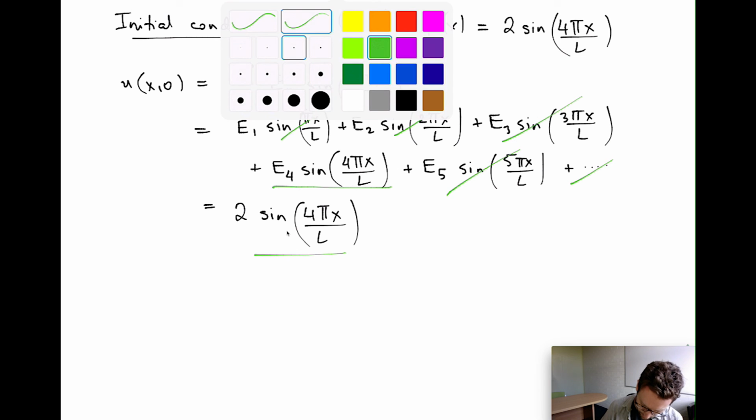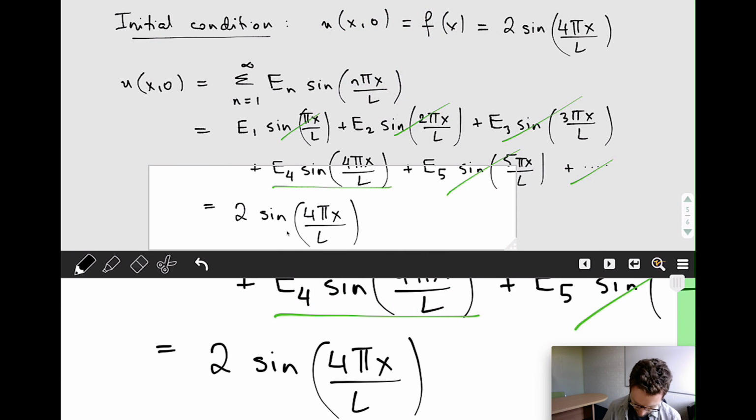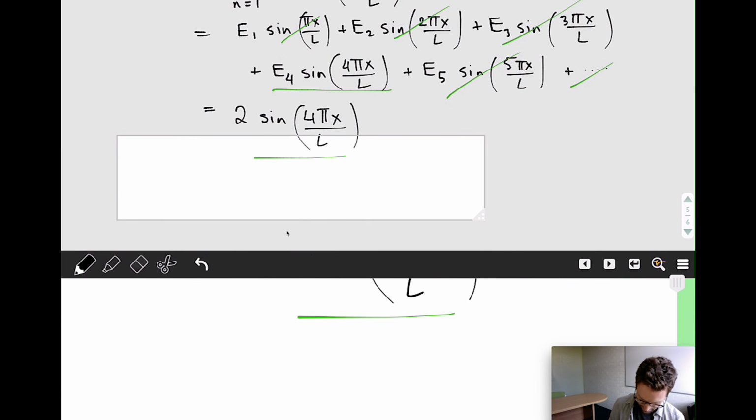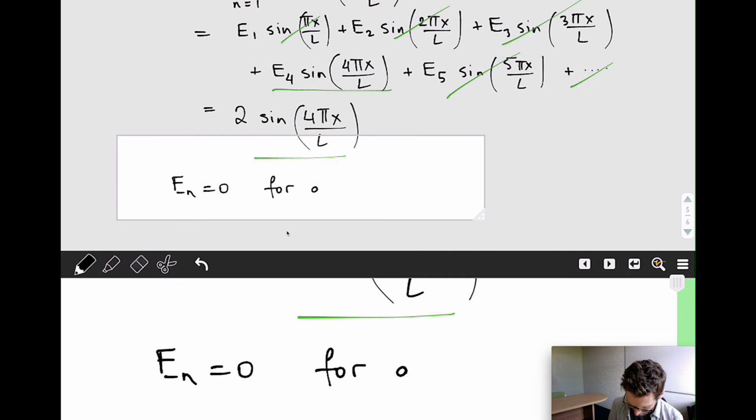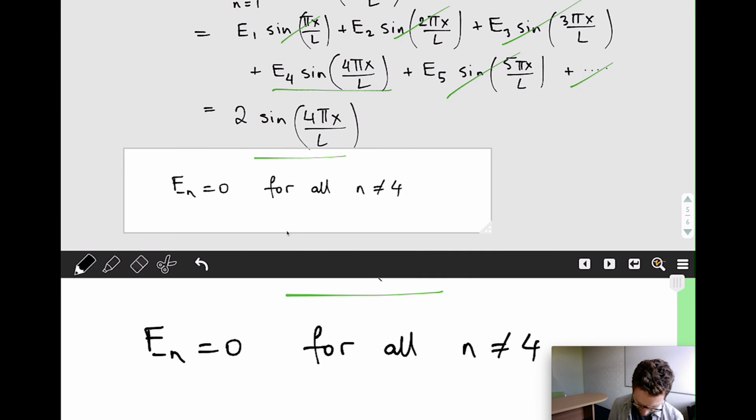So I can immediately read off what the value of e_n has to be. e_n will be 0 for all n not equal to 4, and for n equal to 4, it'll be equal to 2. So again, every single one of these e's has to be 0 because there's no corresponding coefficient on the right hand side. The only one left is e4, and that's got to be equal to 2.